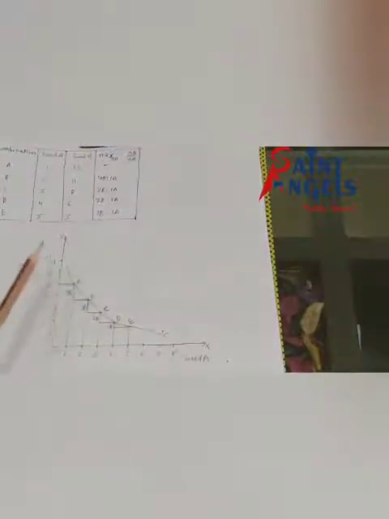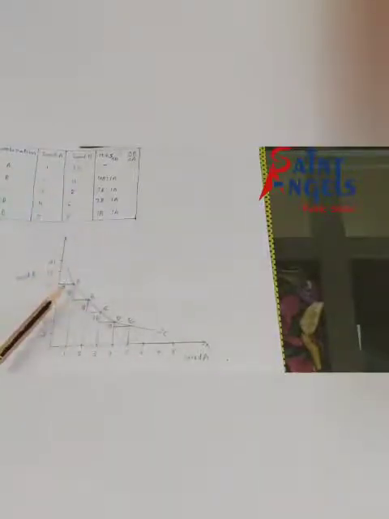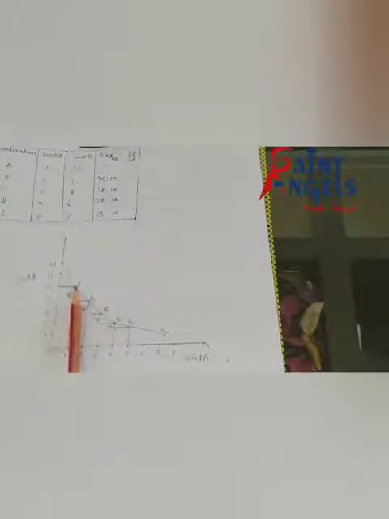See, according to combination A, the consumer is gaining 1 unit of good A, and then he is sacrificing 4 units of good B. I hope it is clear.